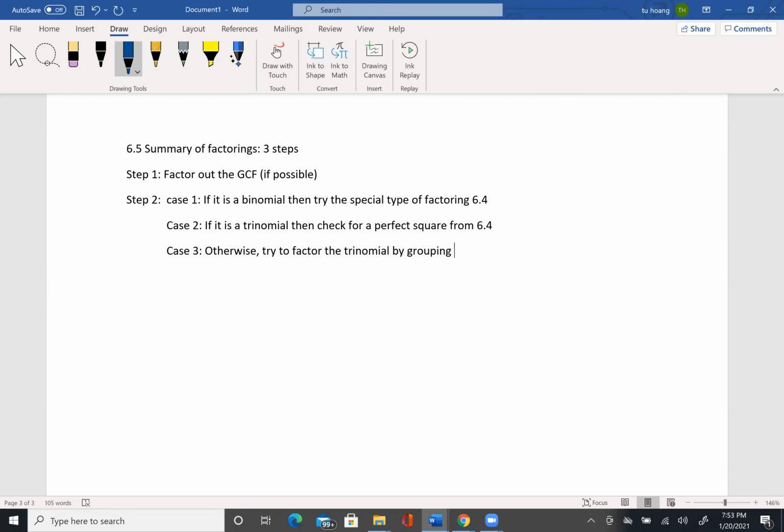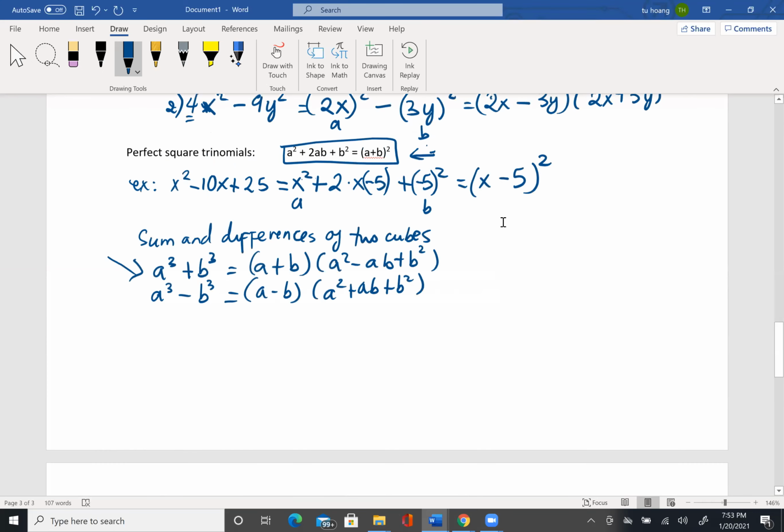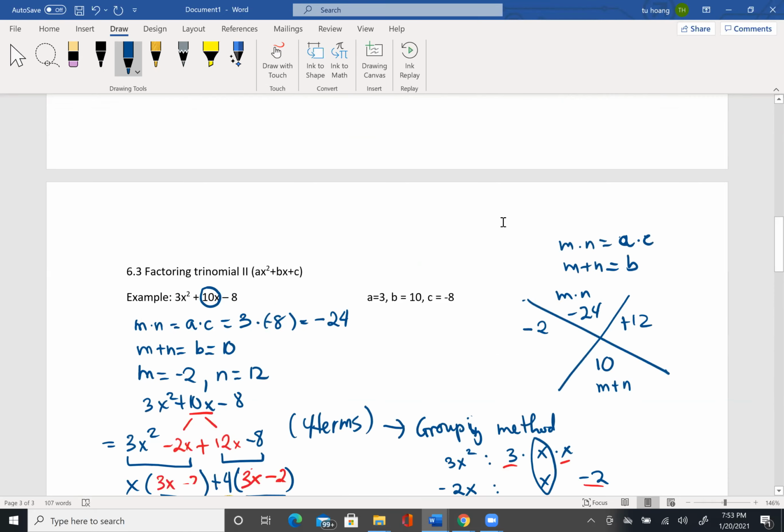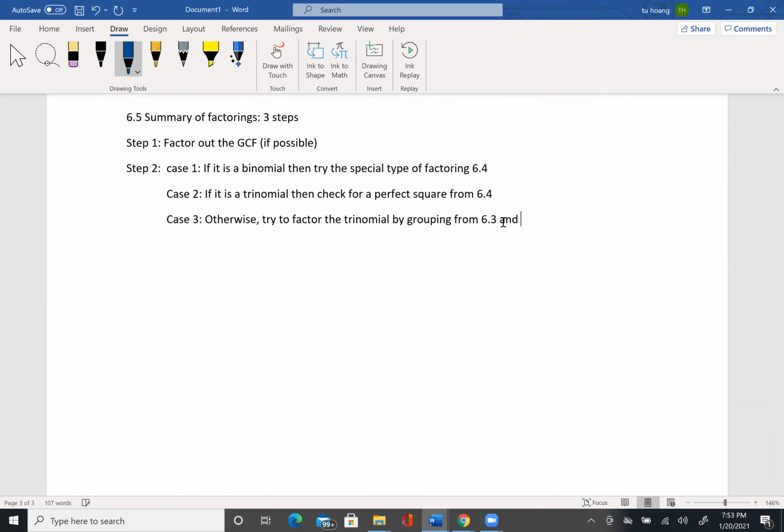By the grouping method from 6.3 and 6.2. So we are done with step 2.